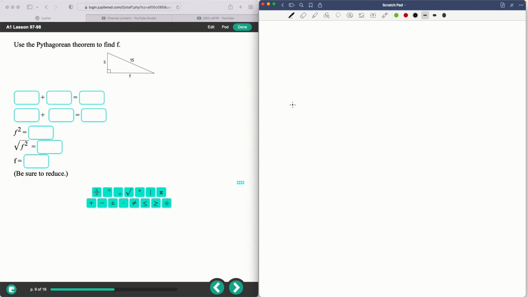So again, this time it asks us to do a little bit more work on our own. It doesn't remind us anything. So we have to do it ourselves. Where am I at? I'm on number 9. I've skipped ahead a page.